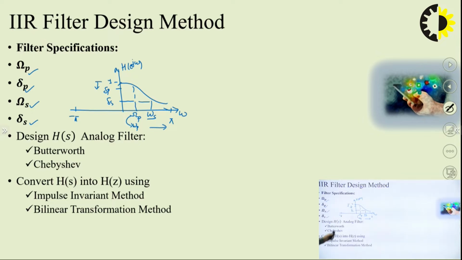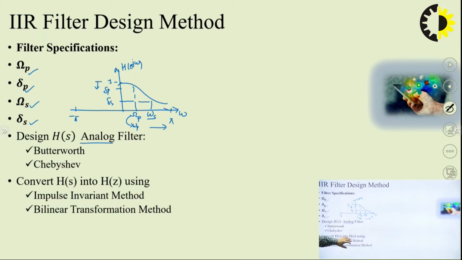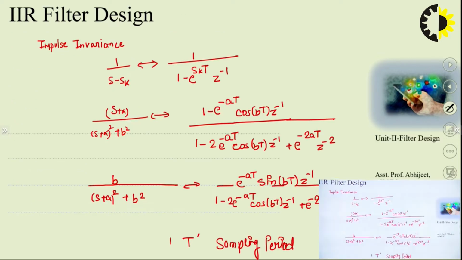So, in order to meet these specifications, we firstly design analog filters. The analog filters that we are mainly concerned with in this lecture are Butterworth or Chebyshev. After designing these filters, designing meaning evaluating capital H of S, we convert it into capital H of Z. That conversion can be done either using the impulse invariant method or bilinear transformation.